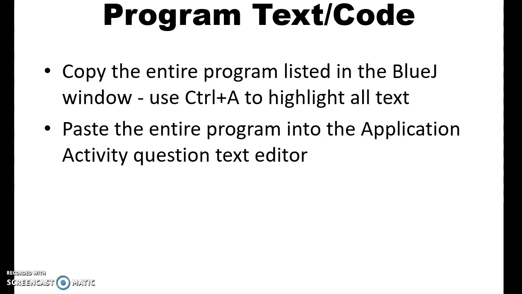It's important that you understand I copy your code into my BlueJ, I compile it, and I run it. So if you send a screenshot of your BlueJ program window, I can't compile it, I can't run it, and therefore you're not going to get the points. It could be a healthy amount of points, so you're going to want to make sure that you submit what is required so that you get full credit, okay?